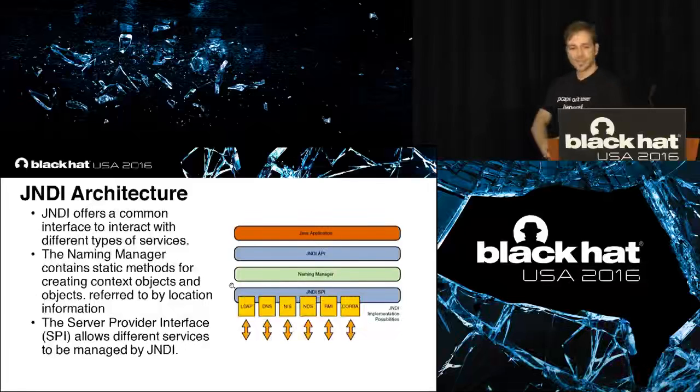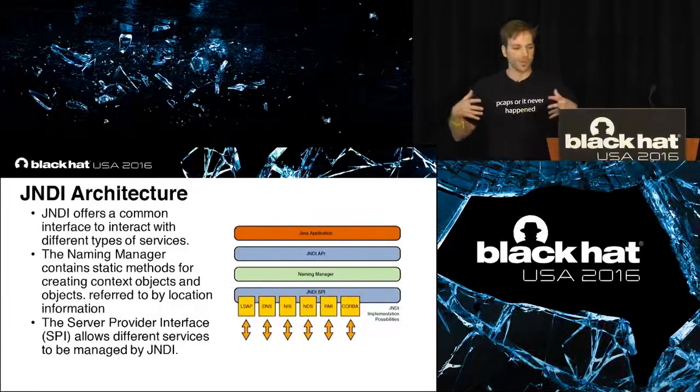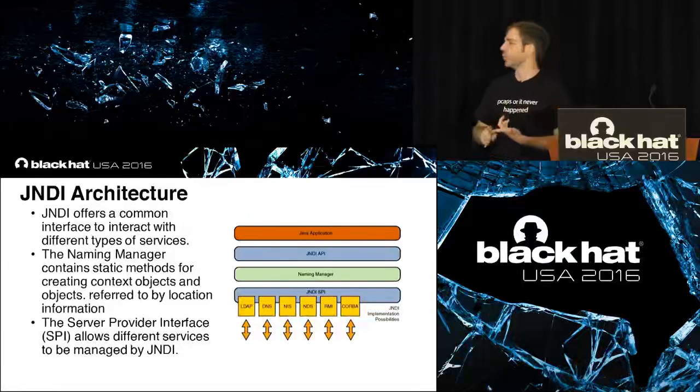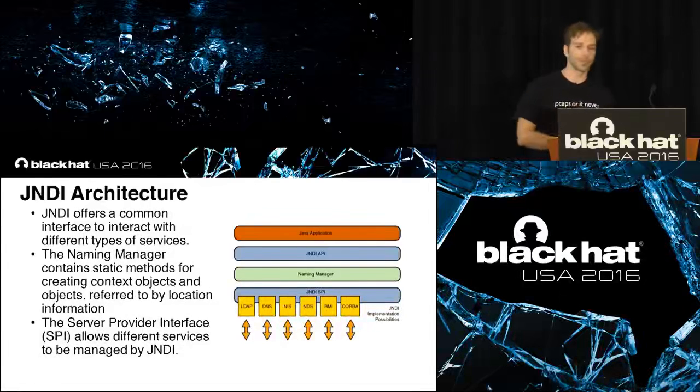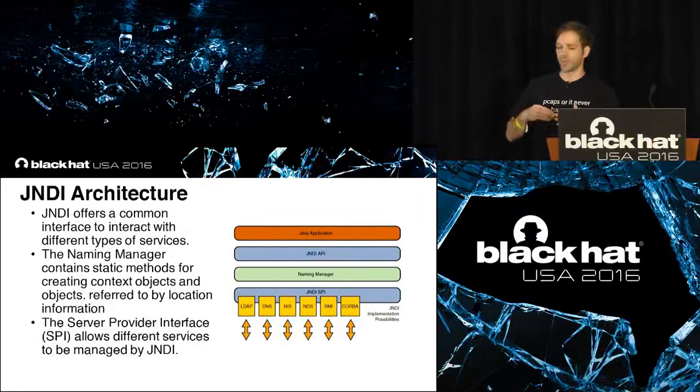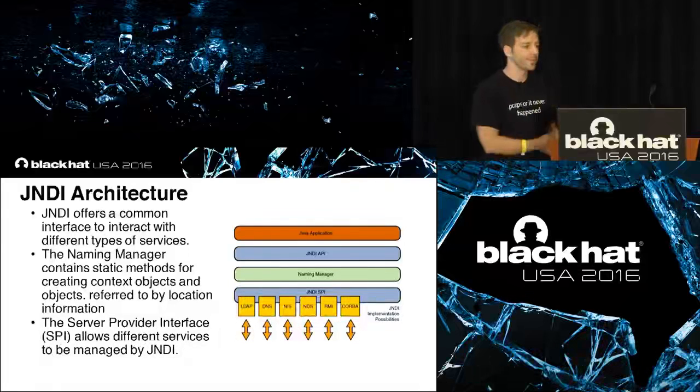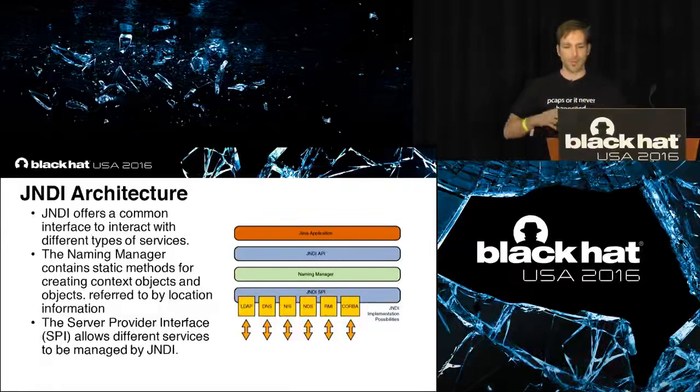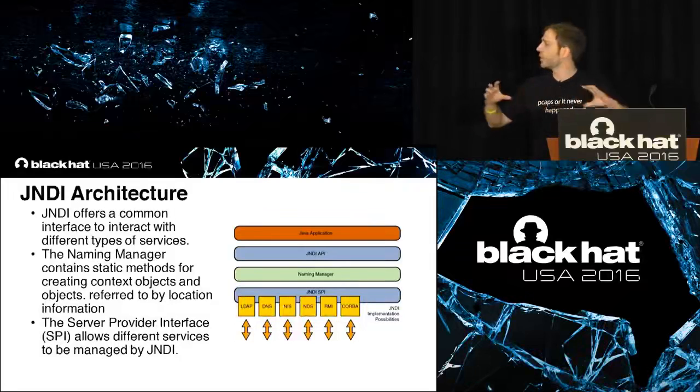So the JNDI architecture is very simple. It's composed of 3 different layers. The first one is the API that exposes the methods to bind names to values, for example methods to look up or search for these names, and also methods to rename a binding or delete a binding, and so on. Then we have the naming manager, the core layer of the architecture that glues everything together.